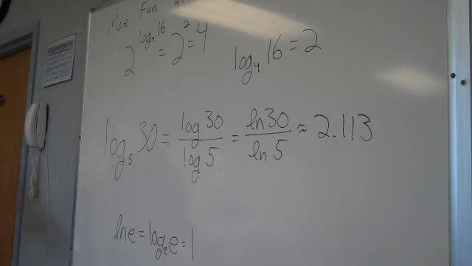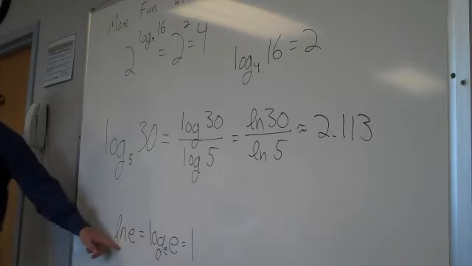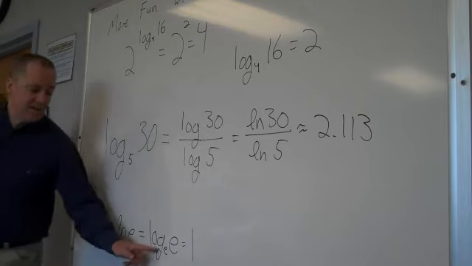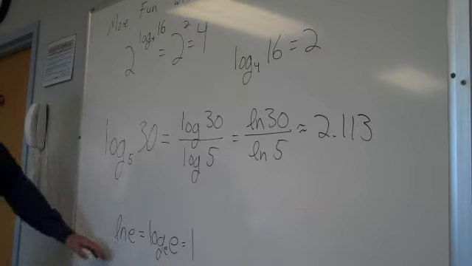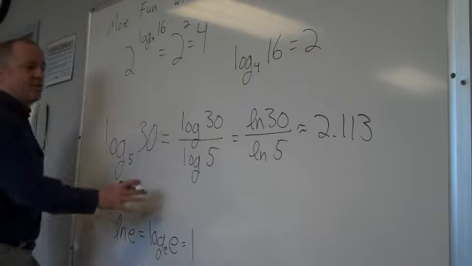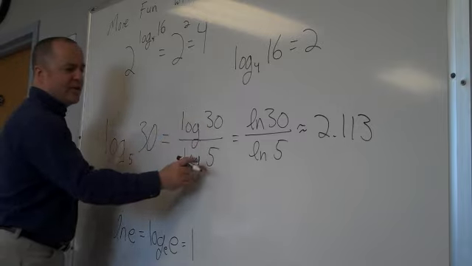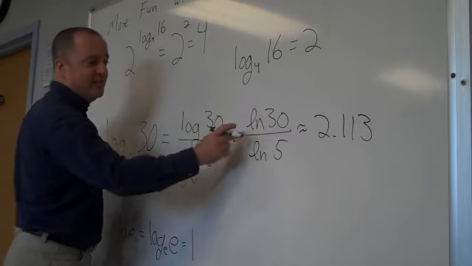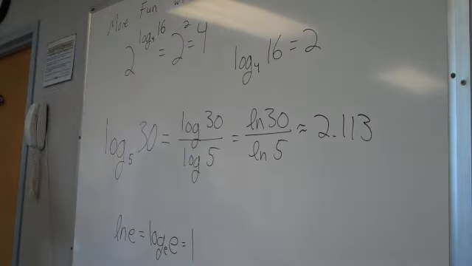I won't give it to you this way. I'll just say natural log of E, which means you've got to remember that natural log means logarithm with a base of E. Now with the change of base rule, you can change log base 5 of 30 to log base 10 of 30 over log base 10 of 5, or natural log of 30 over natural log of 5. You can change it to any different base.